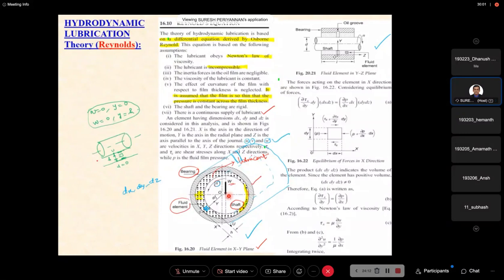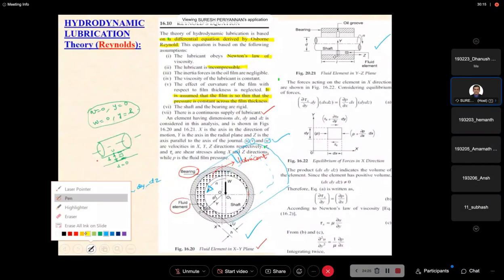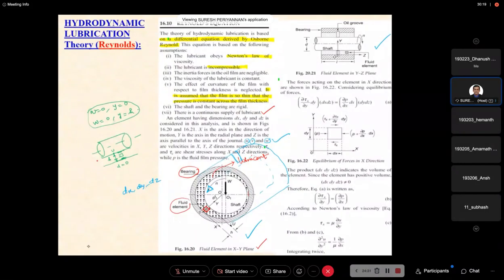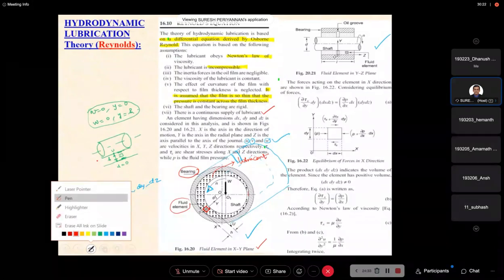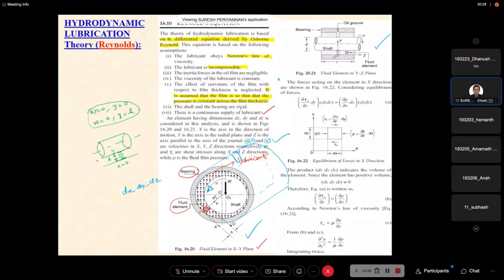I'd like to erase many of the things, then you can easily understand. Now the shaft is rotating in this direction, right? What will happen? The fluid element is here. When the shaft rotates in this direction, this region is subjected to normal pressure or shear load.